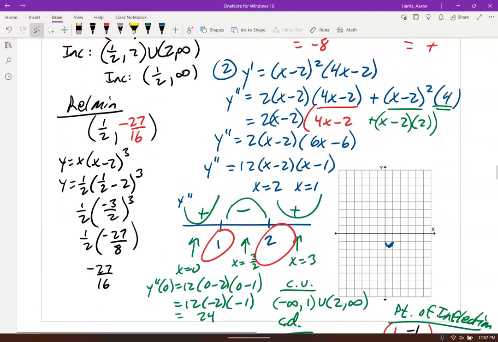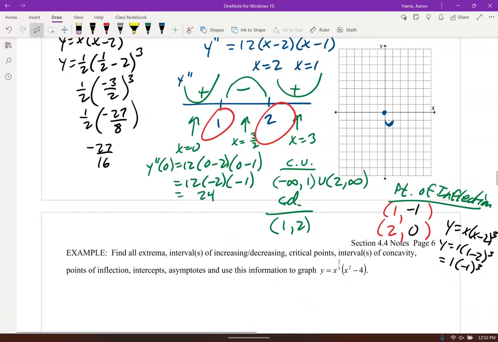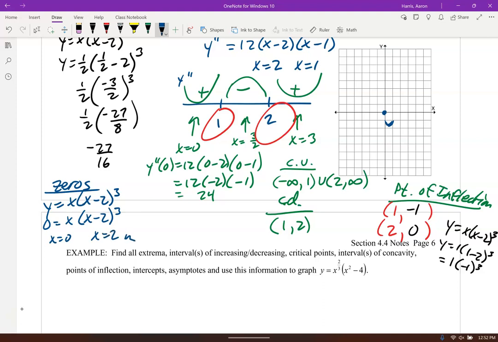Throwing 0 in would give us a y value of 0. So I could find my zeros from this original. I don't think I did that yet. Here's my original function. If I let y be 0, I have x being 0 and x being 2 with multiplicity of 3.